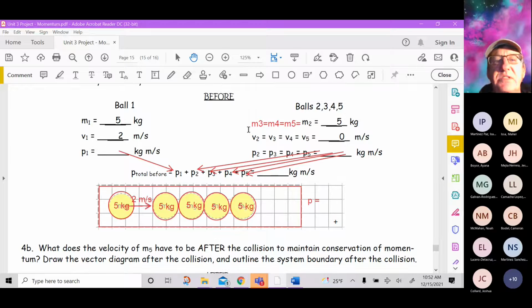I'm thinking that this was pretty simple because we had this 0 in here. 0 times 5 gives 0 momentum, so you just add 0 to whatever number 1 was, and you're done.